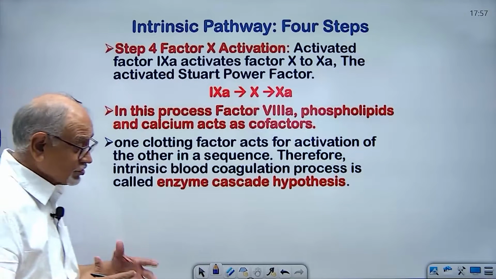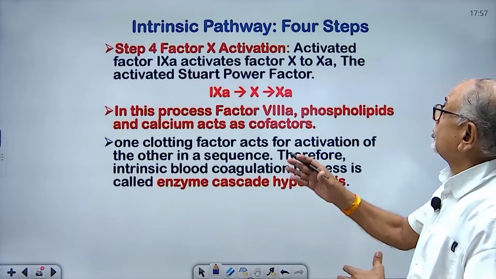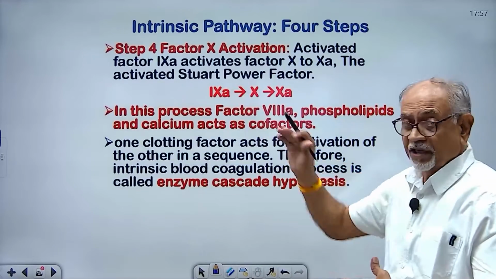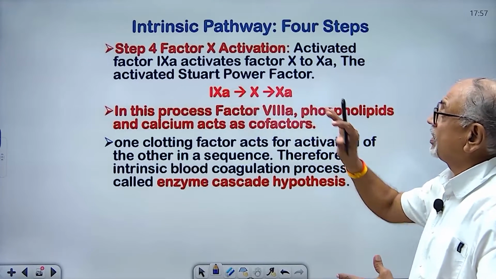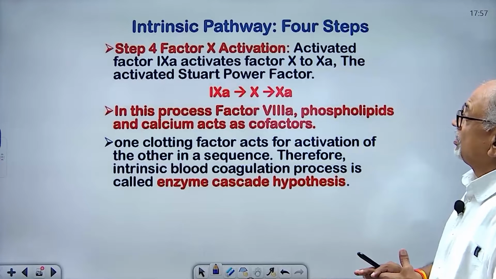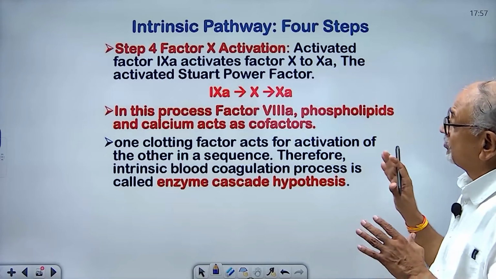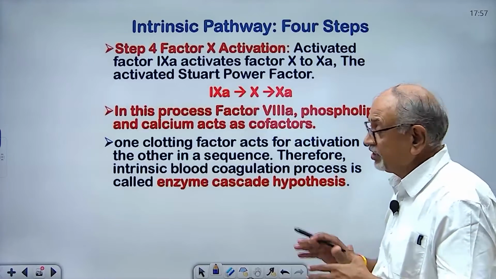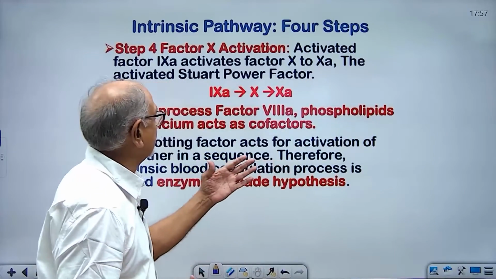Now, in the fourth step, activated factor 9 acts upon factor 10. This factor 10 is activated into factor 10A. So, this is Stuart-Prower factor which is now activated.